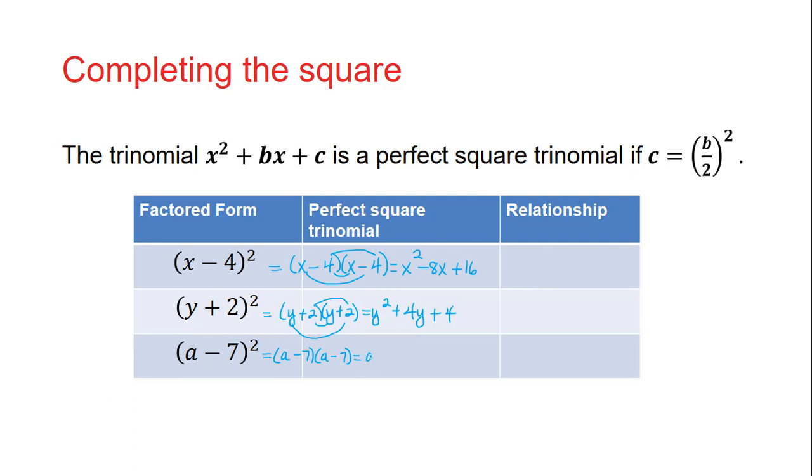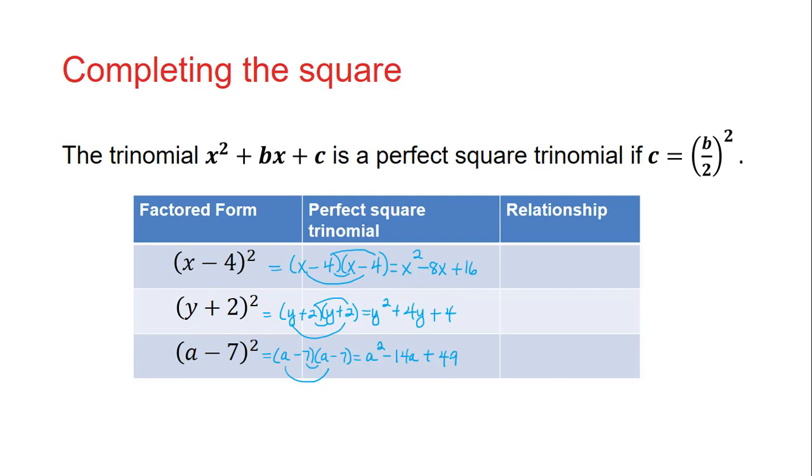Multiplying that out gives us a squared minus 7a minus 7a is minus 14a plus 49. And so the x squared minus 8x plus 16, y squared plus 4y plus 4, a squared minus 14a plus 49, these are all perfect square trinomials.